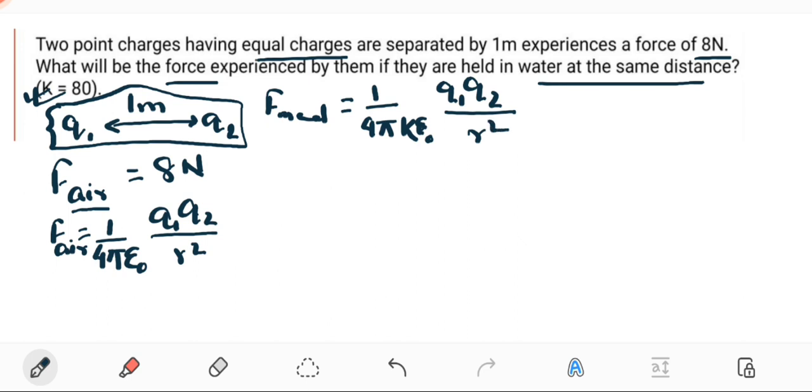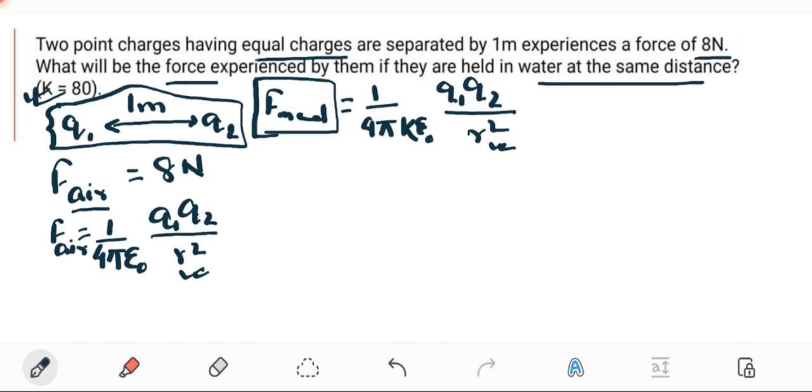Now we have to find the force in the medium, here water. How can we find it? The distance between them is 1 meter, whether it is kept in air or in water, and both charges are of equal magnitude.